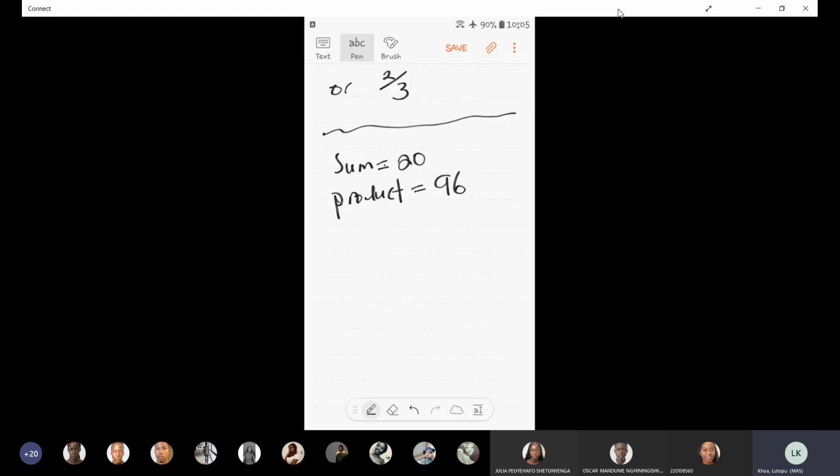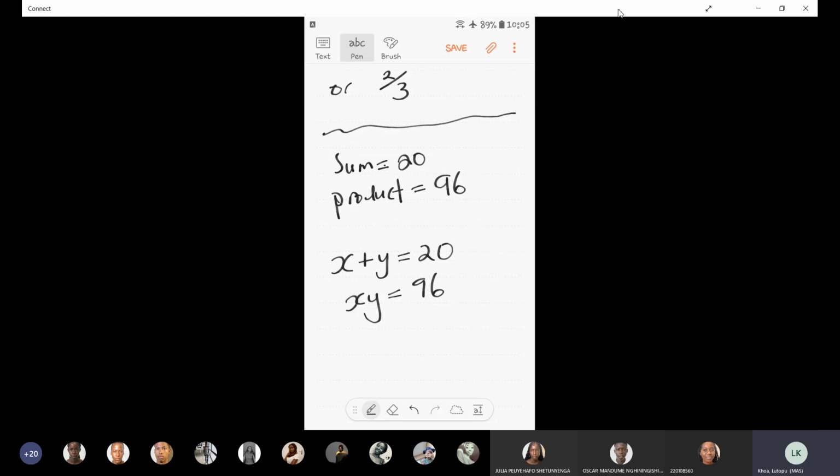So when we say a sum of two numbers is 20, this means that if my two numbers are x and y, then x plus y is equal to 20. And the product means multiplication. So I have x times y is equal to 96. And just like we did with linear equations, we would write one of the variables in terms of the other and then substitute it into another equation.